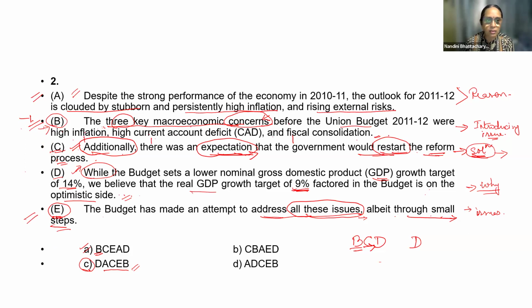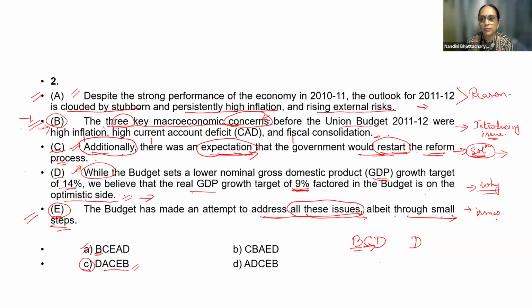Now A says, despite the strong performance, the outlook for this is stubborn. So this can be a reason for the optimistic view, because it says that it is more on the optimistic side.